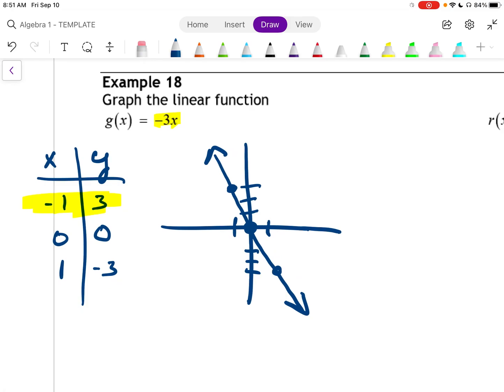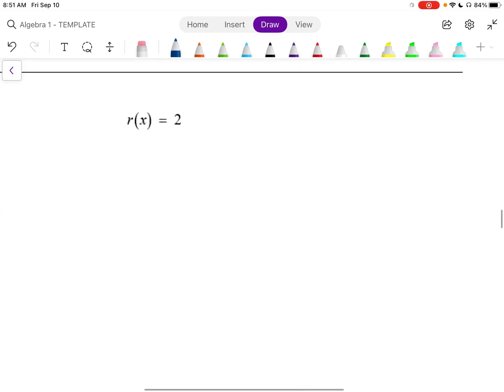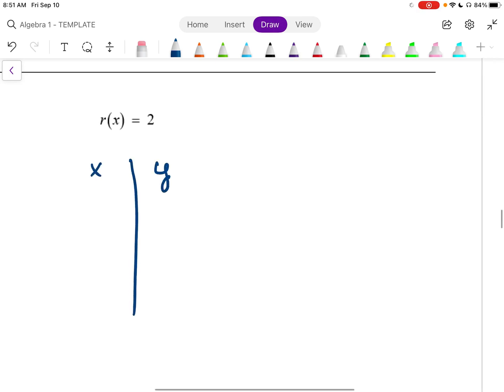So there's that one. And moving on to this one here, we have R of X equals 2. Just plain old 2. So this one's a little bit different. I'm still going to make a t-chart for this. I'll plug in negative 1, 0, and 1. Well, let's think about plugging in negative 1.